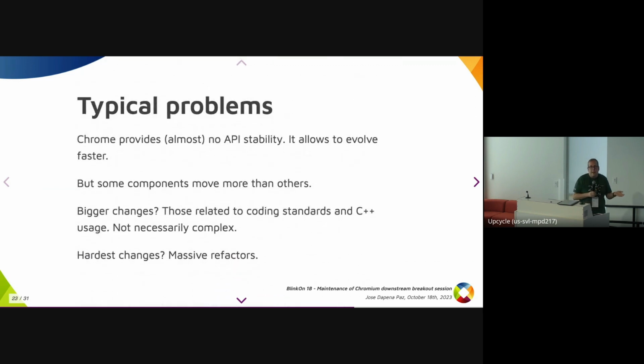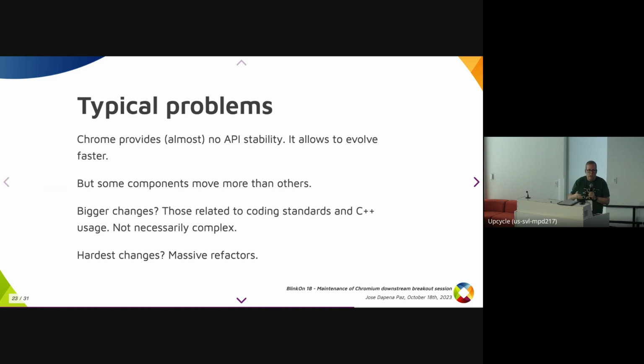Okay, another typical problem: it's well known that Chrome provides almost no API stability. There are several reasons for that, but I think the best known is that it allows Chrome to move faster, to evolve faster, and to take decisions considering Chrome as a whole. But some components move more than others.